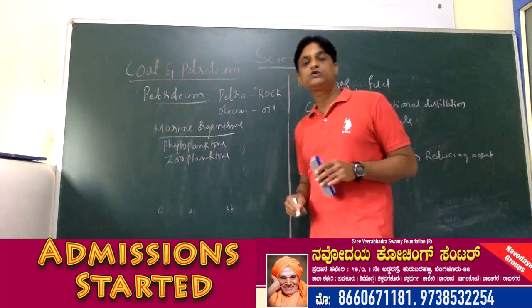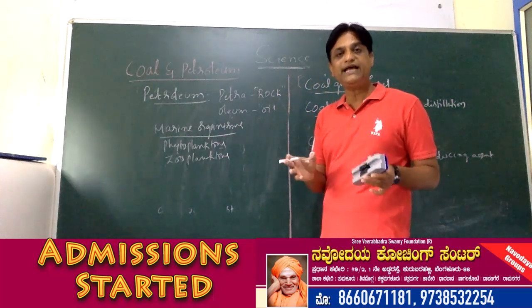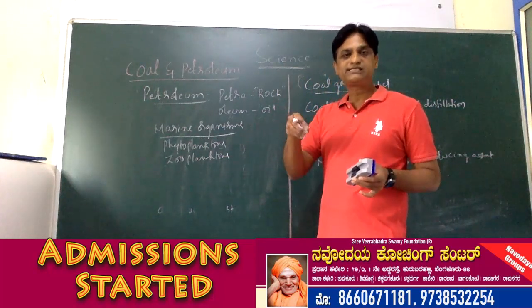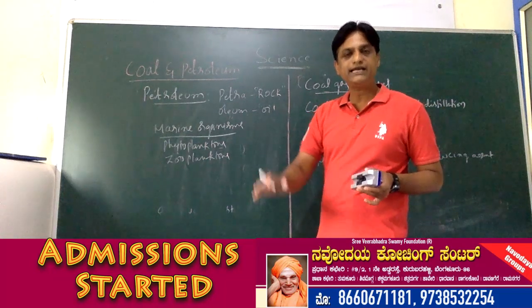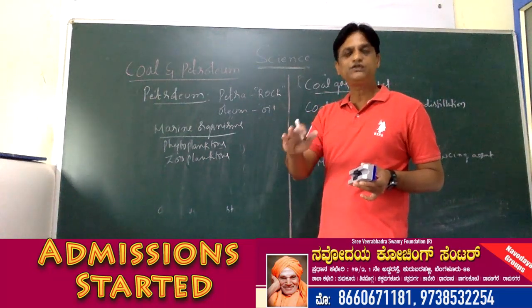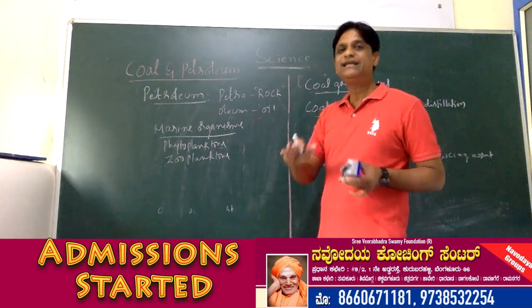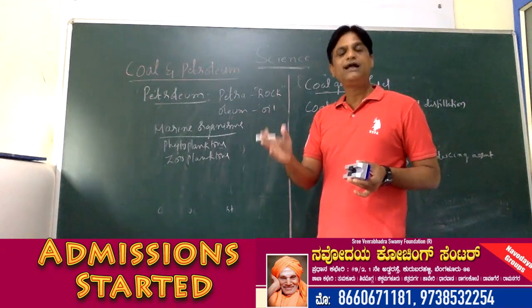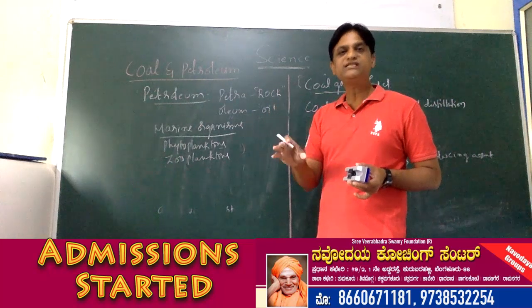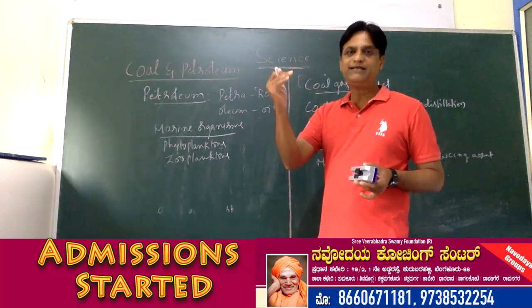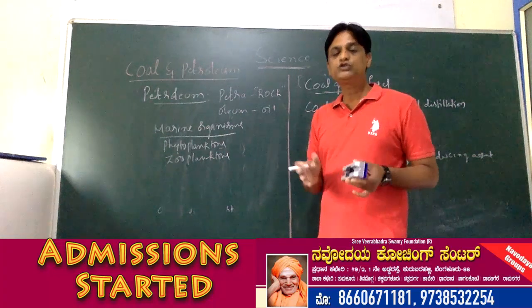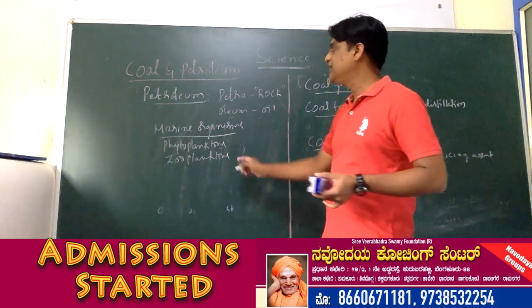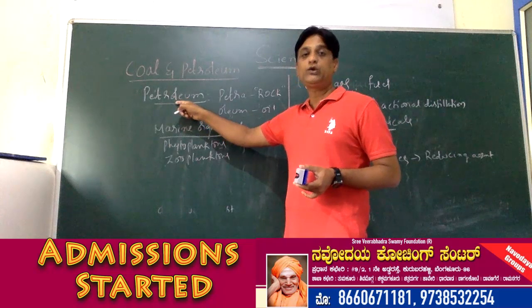So when microscopic plants and animals die, their bodies sink to the bottom of the ocean, the oceanic crust, and the bodies of those plants and animals will be covered by mud. Due to absence of oxygen and high temperature and pressure, the fat content present in those microscopic organisms will be converted into petroleum.